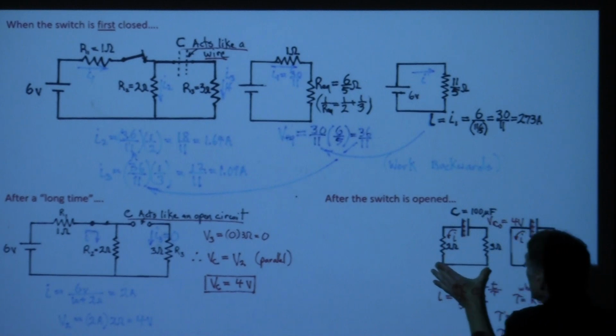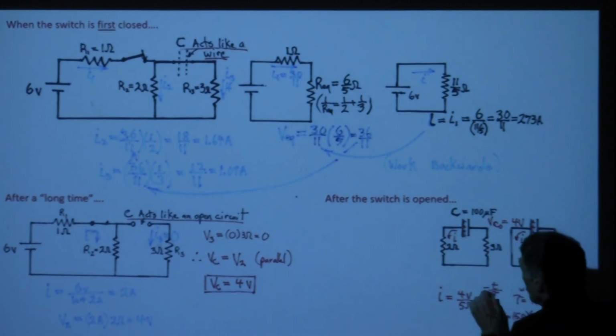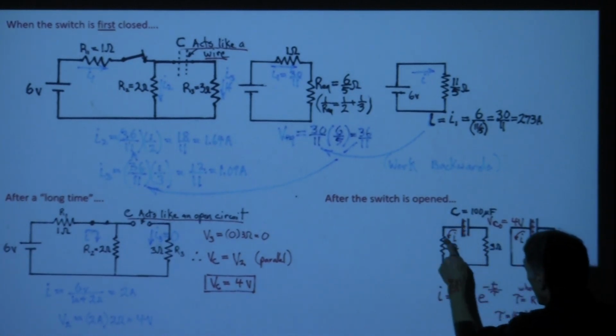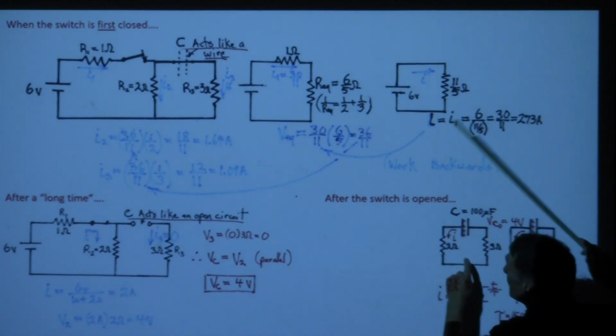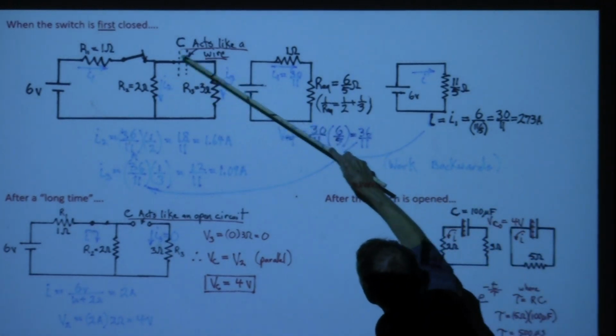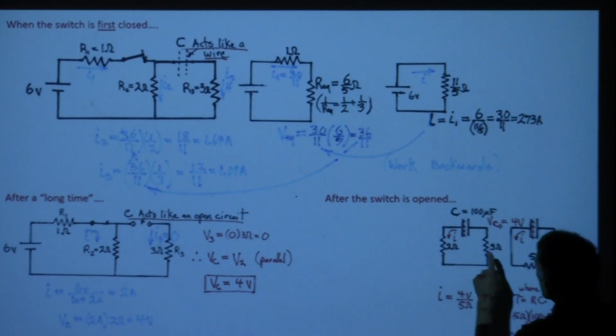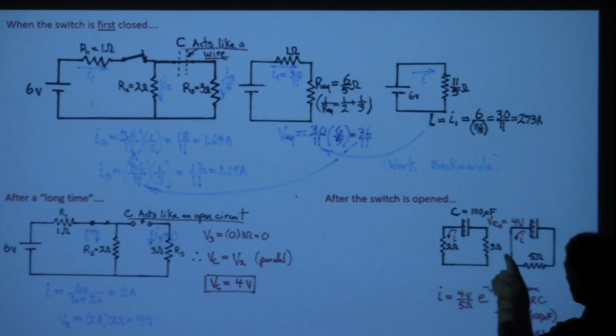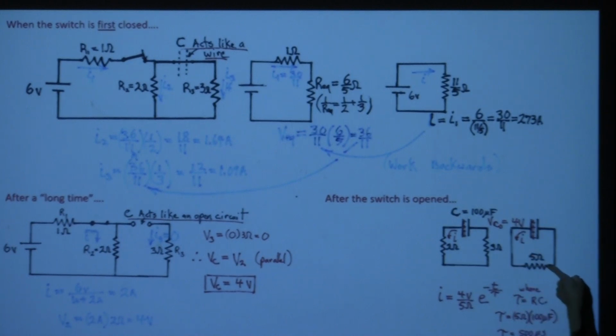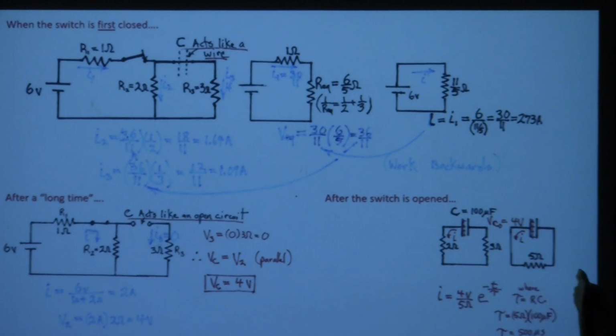And then I just simply have the idea of a charged capacitor, at least initially at 4 volts, going to dump through these 2 resistors, R2 and R3, and these are in series, so I'll just replace them with an equivalent resistance. And now I have a simple discharging capacitor.